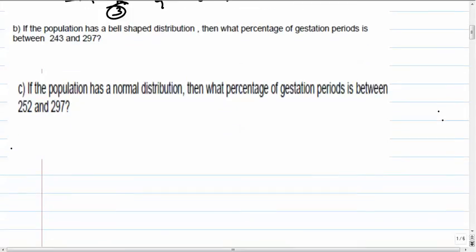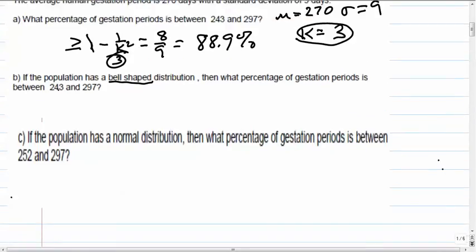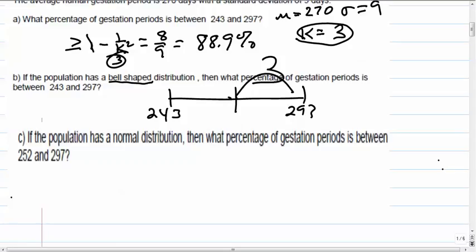In our second part, we're now saying the population has a bell-shaped distribution. Since we're working with the same interval here, 243 and 297, we know that we are within 3 standard deviations of the mean.